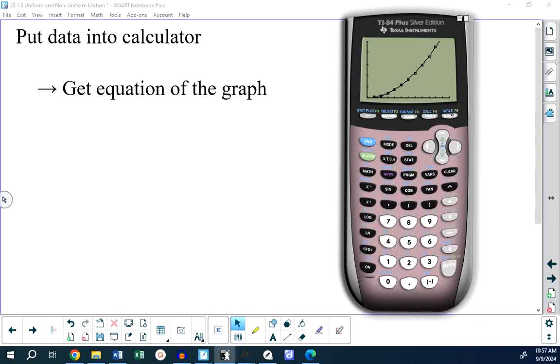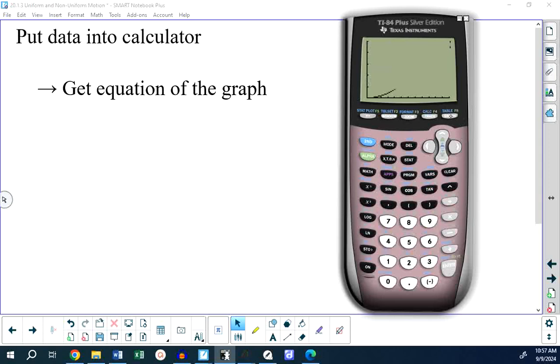We've used that. We don't want the stat plot on anymore. Oh, I turned on my second one. It doesn't matter which one is on.